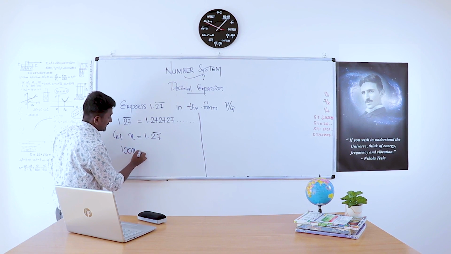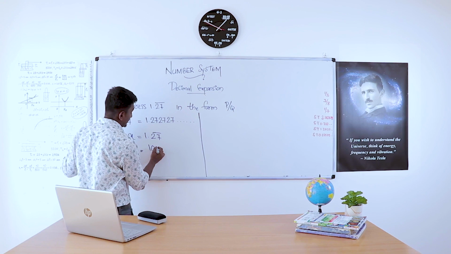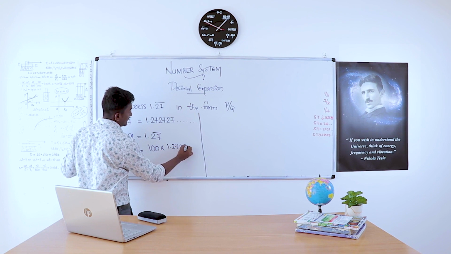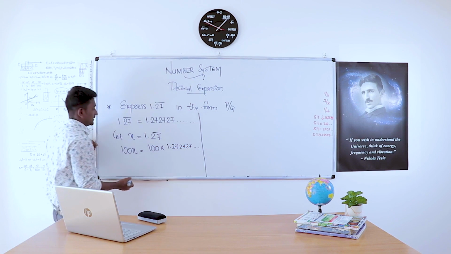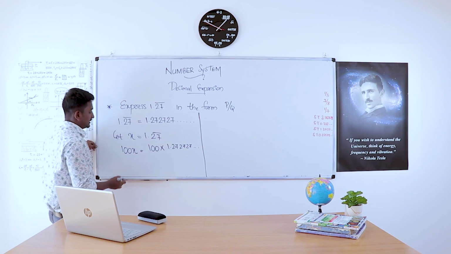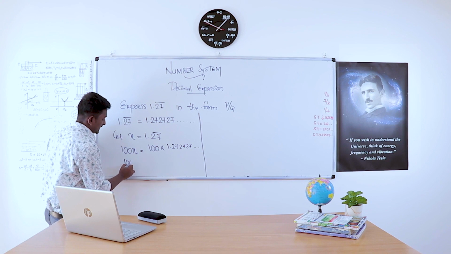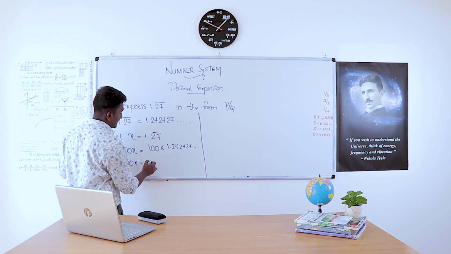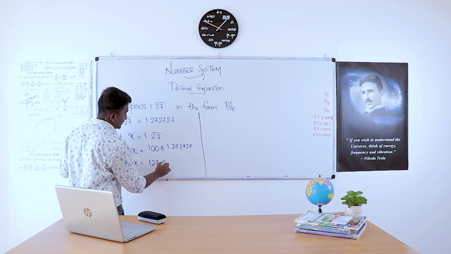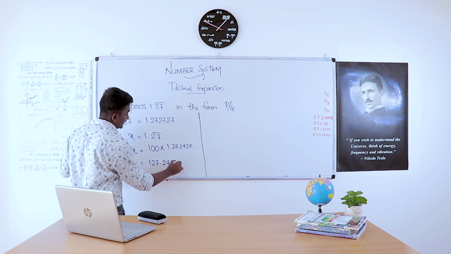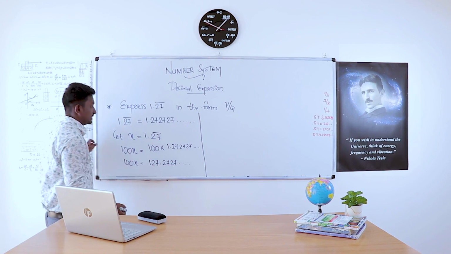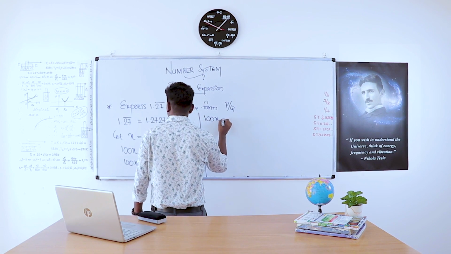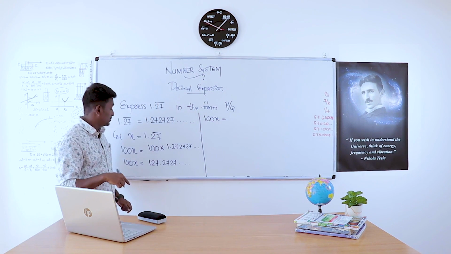Then it becomes 100x is equal to 100 into 1.272727, etc. Clear? That is 127.2727, etc.